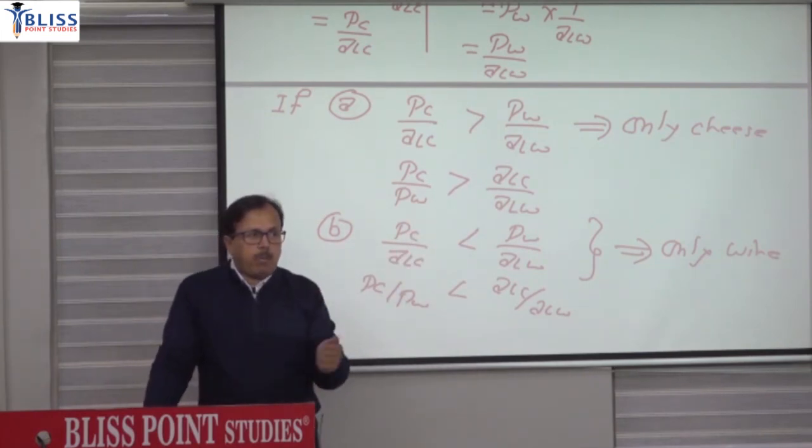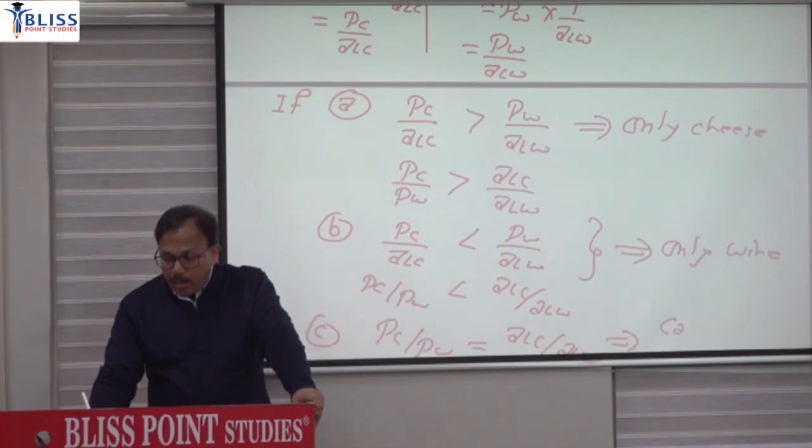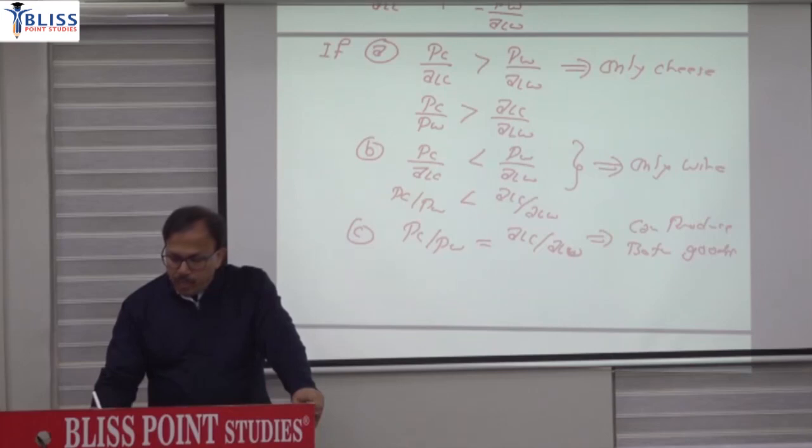You know the price before trade, that is, without the trade. This is the third possibility: PC upon PW must be equal to ALC upon ALW. In that case, country can produce both goods. Country can produce both goods. This is also referred to as autarky condition or autarky price.